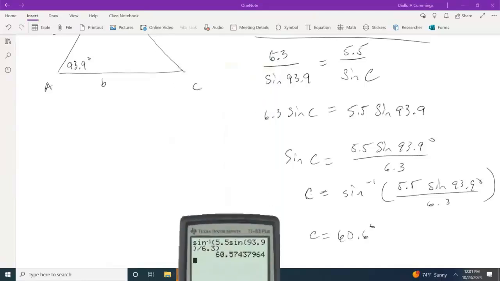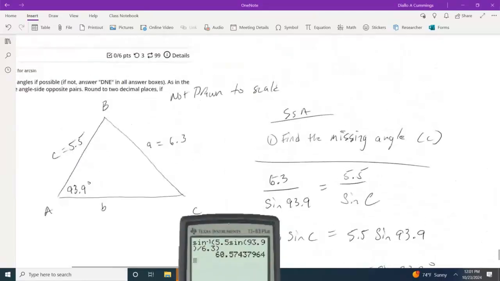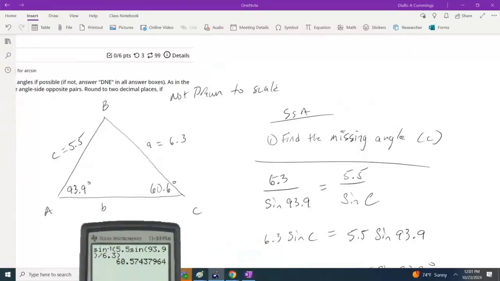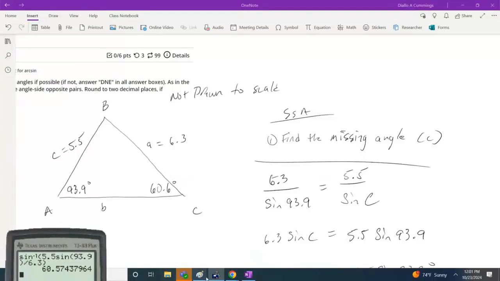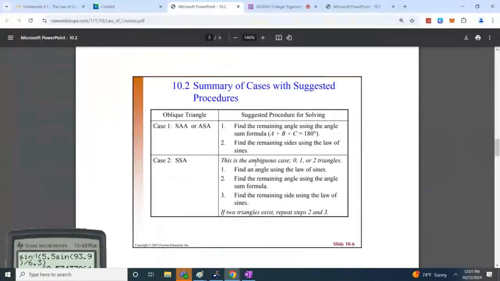All right, so C is 60.6 degrees. So that was the first thing on the suggested procedures: we found the angle using the law of sines.